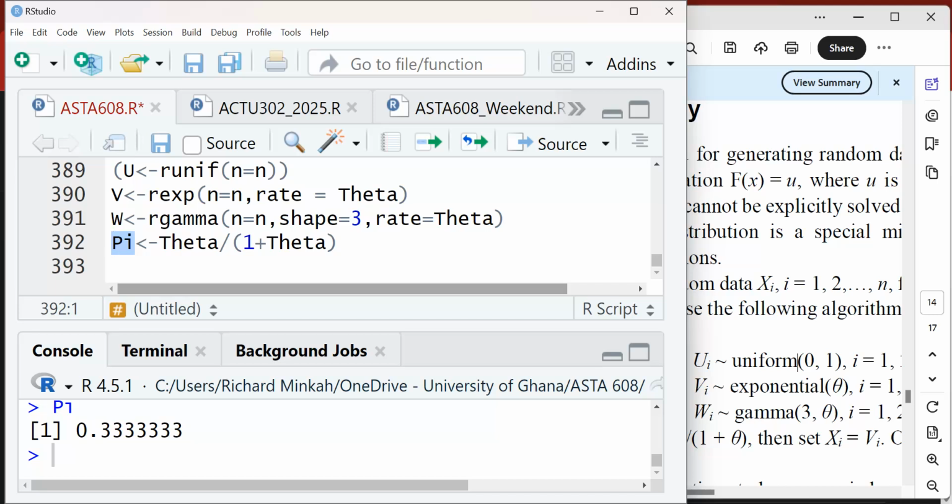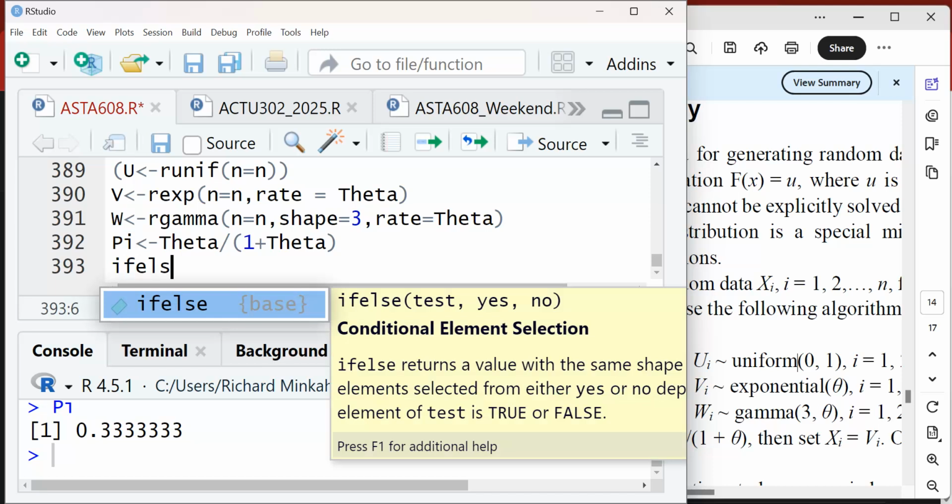Okay, so I'll try your ifelse to see if it will work. I doubt, but maybe. So we have to put our test there. We can use maybe sapply or something to implement it. But let's do it first. So that's the format. The test will be what? U less than pi.